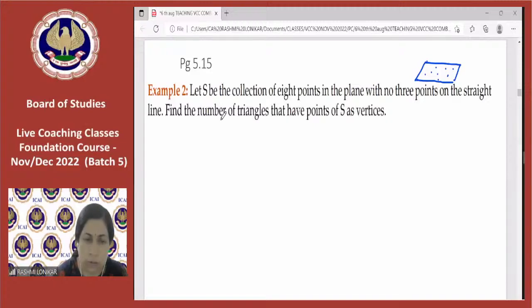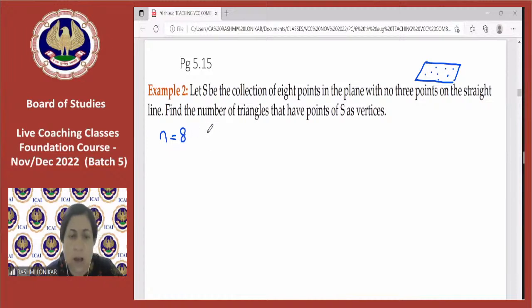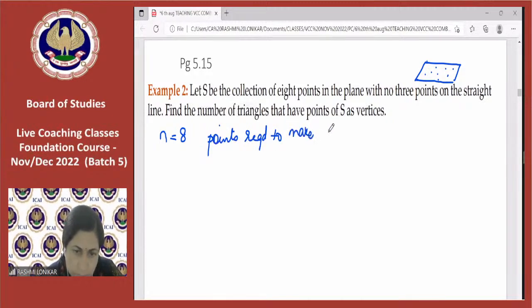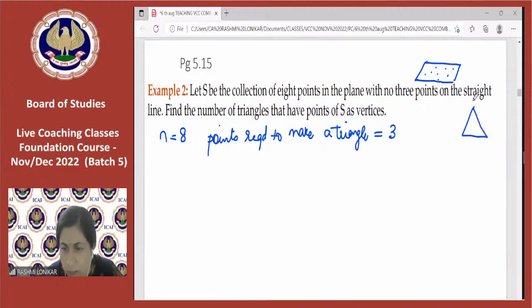So how much is N? How many points do I have? 8. How many points do I require to make a triangle? It is equal to 3, right?